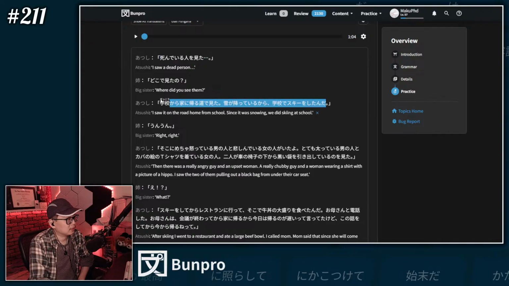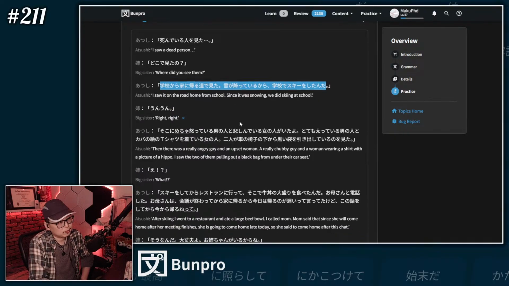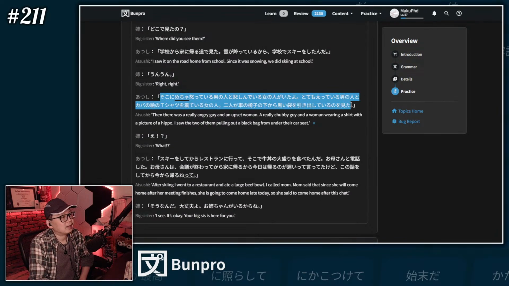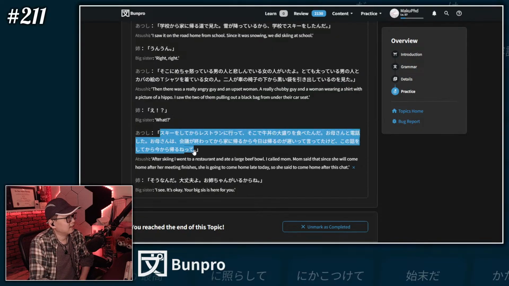The dead person was connected to seeing it on the way on the road from doing the skiing, right, at school. That's probably the connection here that was being made. And then I'm imagining that they were describing something that had something to do with that. And then it just stops.